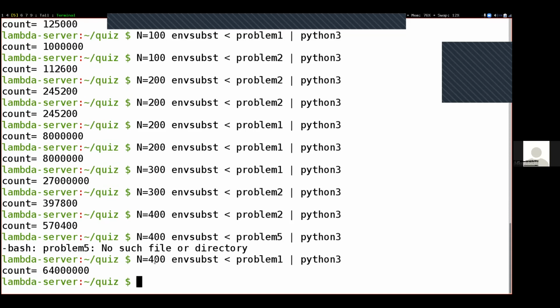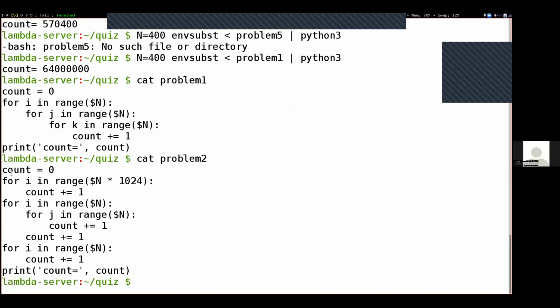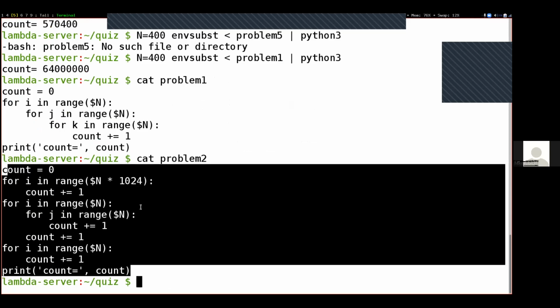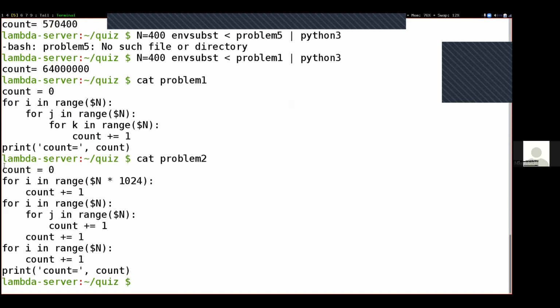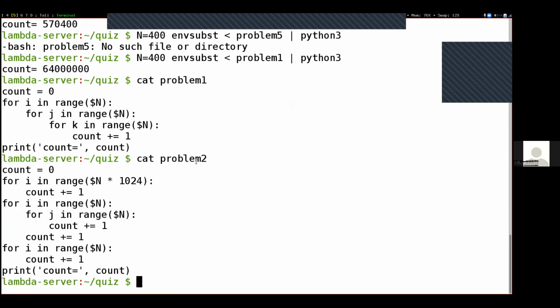Question, yes. So problem 1 and problem 2 are exactly the Python files from your quiz. Yeah, it's just a Python file.